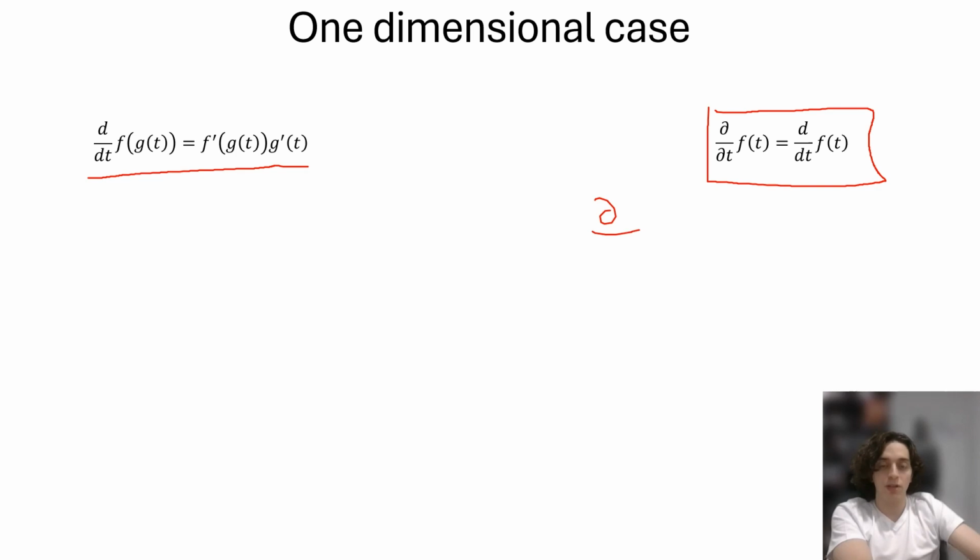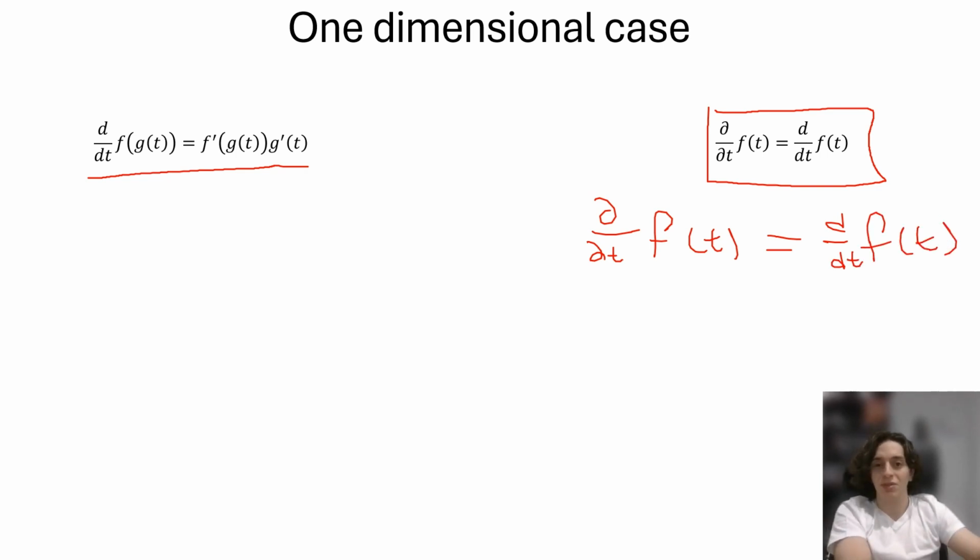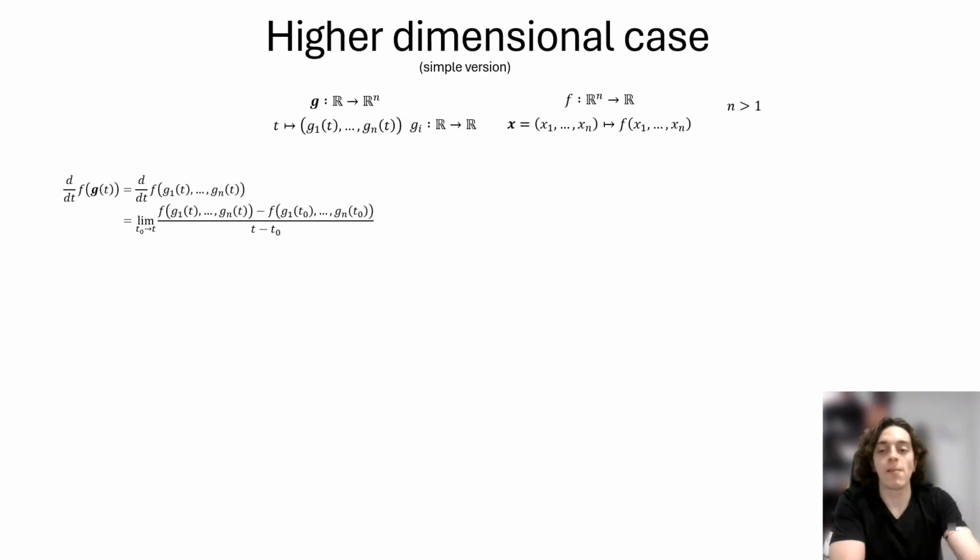The partial derivative, by the definition, note that this might differ if you, for example, go into physics where these have different meanings, with respect to the only component in a single dimensional function f of t, I think it's called univariate, is exactly equal to the total derivative with respect to t of f, because there is only one component, and the definitions happen to just align. The limits happen to align.